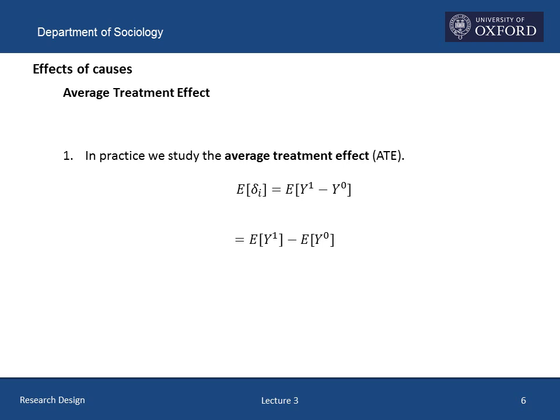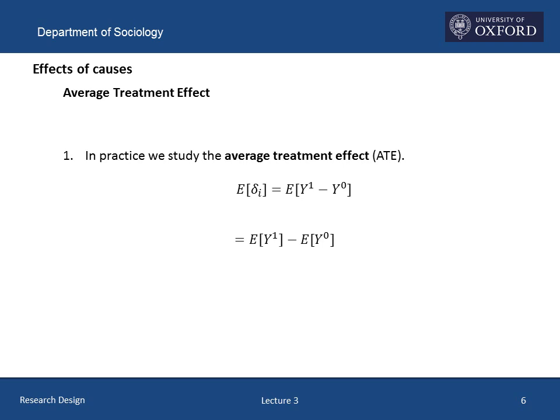The first thing to do is define an average treatment effect, or ATE for short. We do that by using the expectation operator capital E, which we can just interpret as instructing us to take the mean over all the probability weighted values of a distribution.